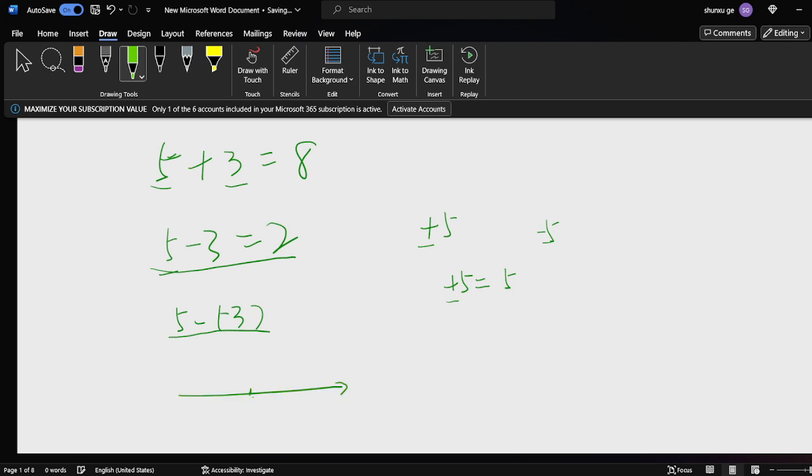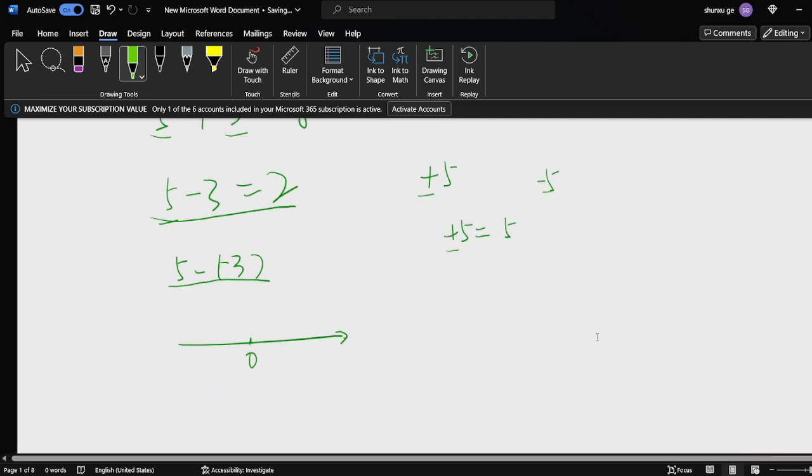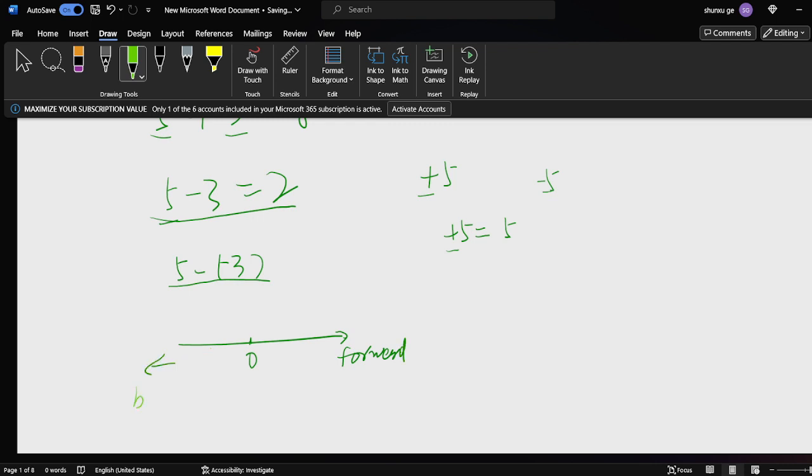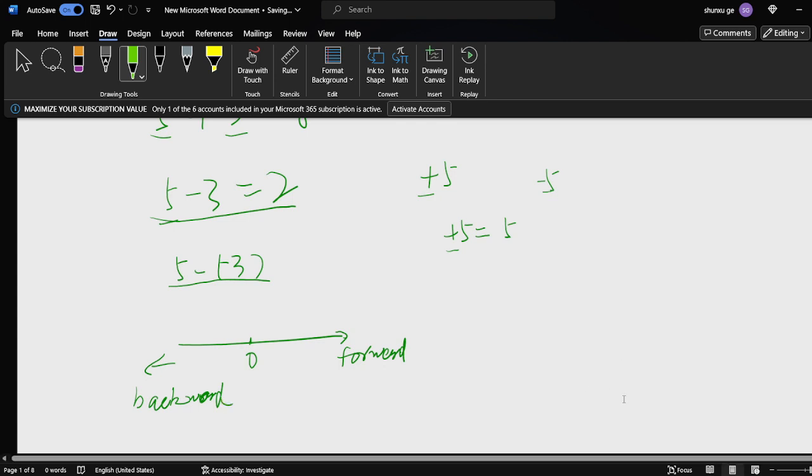We write the number line, and here is 0. Here we say the right direction is forward and the left is backward. So what does it mean? Just our question.